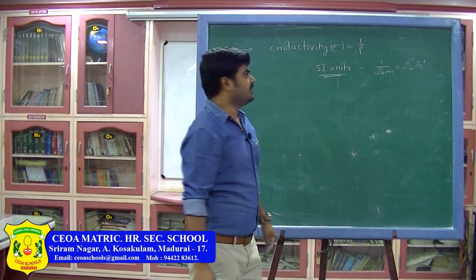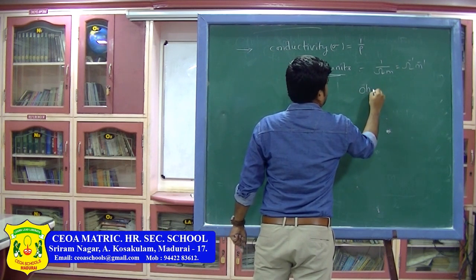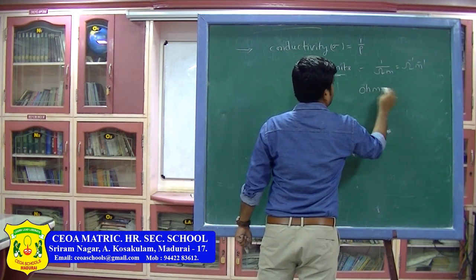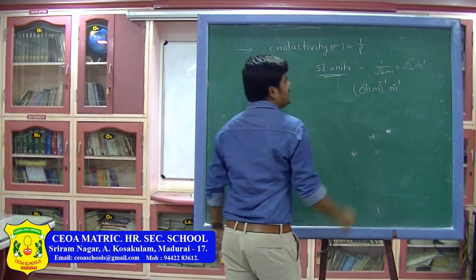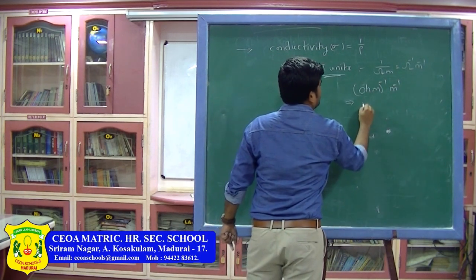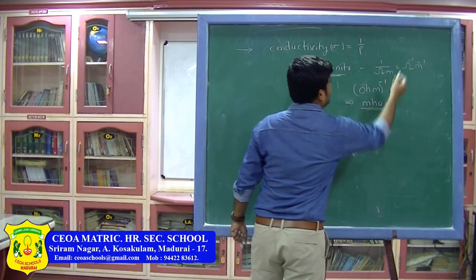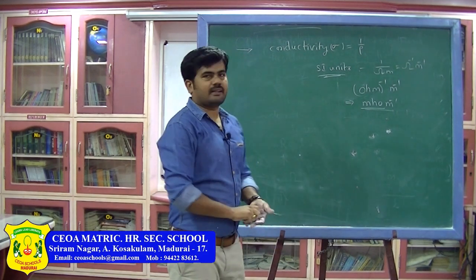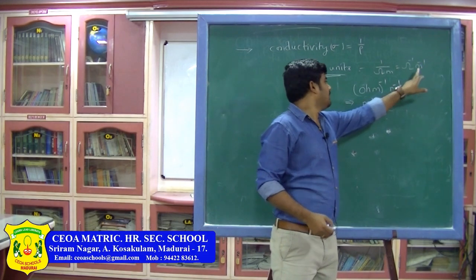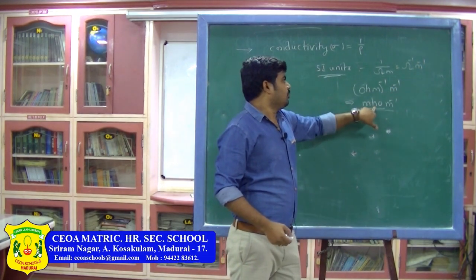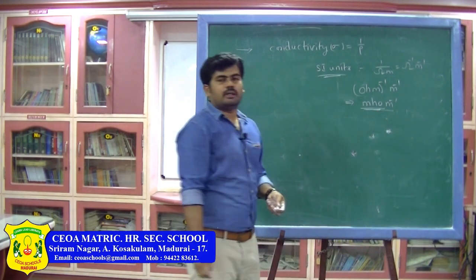You can also write this as ohm inverse per meter, or if you reverse the letters, mho per meter. So, it is expressed in per ohm per meter, or mho per meter. This is the SI unit of electrical conductivity.